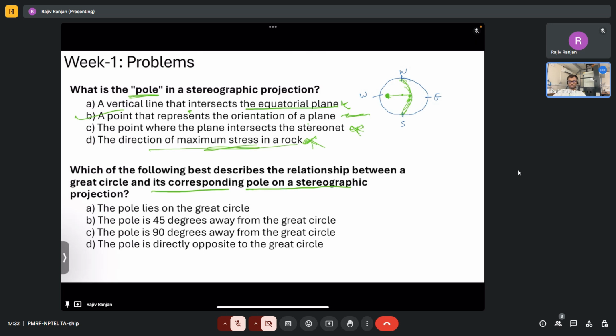Option A, the pole lies in the great circle. Option B, the pole is 45 degrees away from the great circle. Option C, the pole is 90 degrees away from the great circle. Option D, the pole is directly opposite to the great circle. So what do you think?